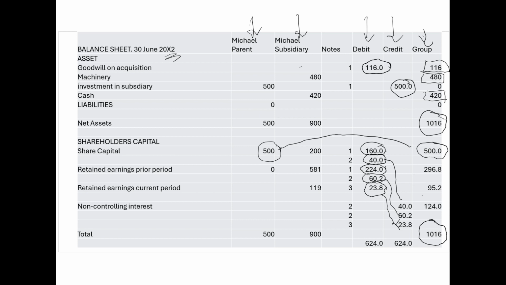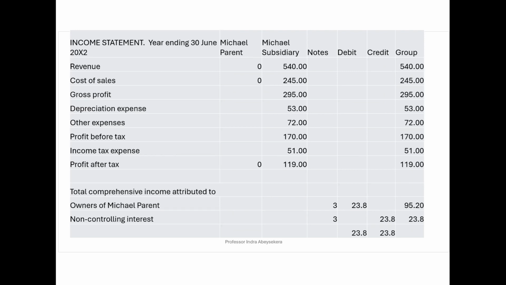And in the current period, it's also 80% of the profit after tax that is assigned to Michael, and then 20% is assigned to Samuel because Samuel still has an interest in the subsidiary. So that's about the subsidiary's retained earnings and profit after tax. In the income statement, we can see the profit after tax was 119.